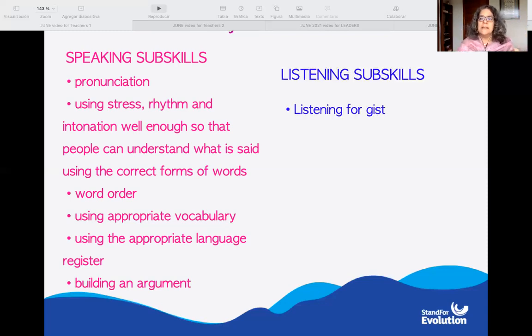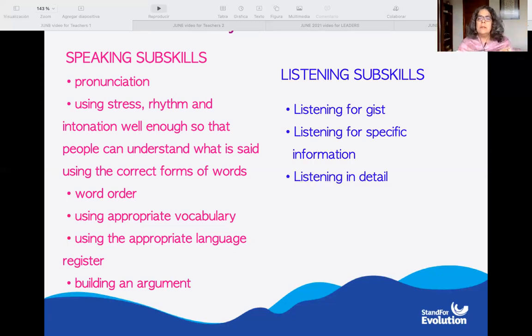What about the listening sub-skills? You might be listening for the gist. You might be listening for specific information in an oral text. You might be listening for details. You might be listening for the attitude of a speaker, the singer, or the actor. You might be listening to understand the mood of a text.